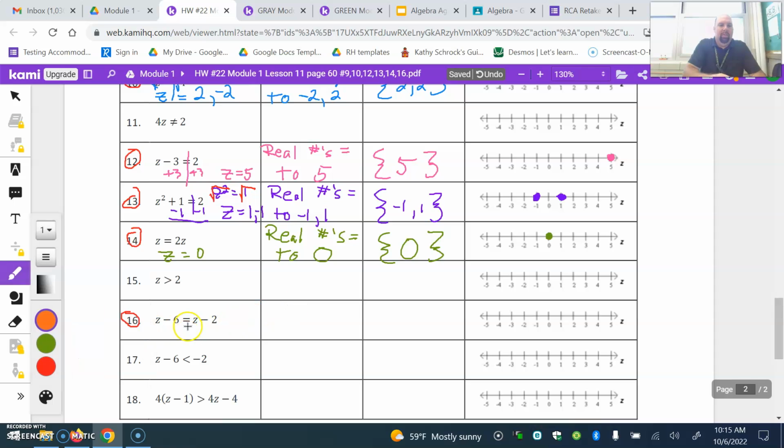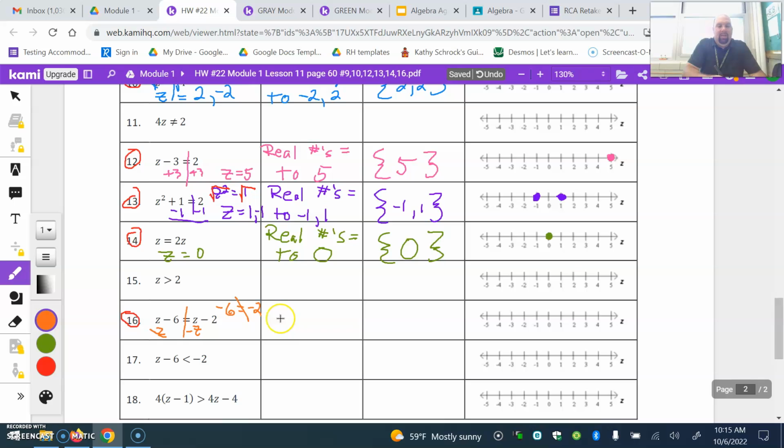All right, last one. Try orange for this one. All right, so if I try to solve this, I could add 6 to both sides. I could add 2 to both sides, but I'm not going to do that. I'm going to try to isolate the variable first. So I'll subtract z from both sides. And when I do, the z's cancel out, and I'm left with -6 equals -2. Is that true? It is not.